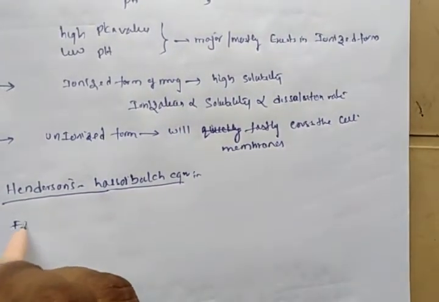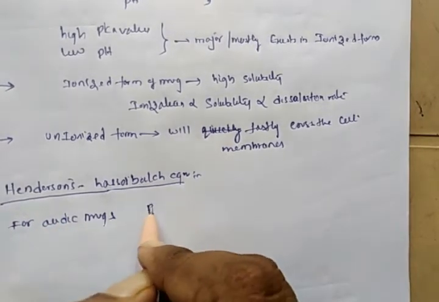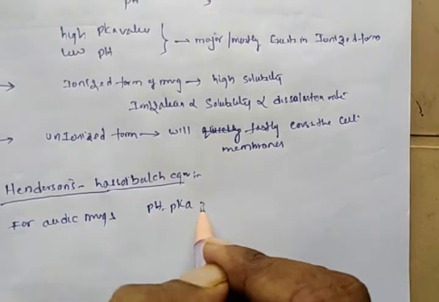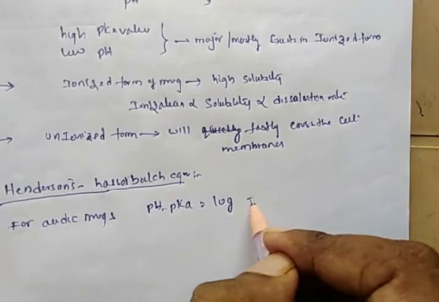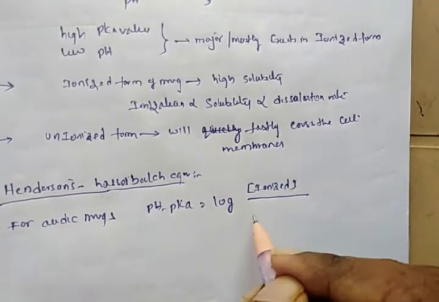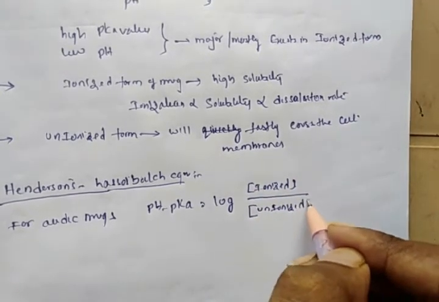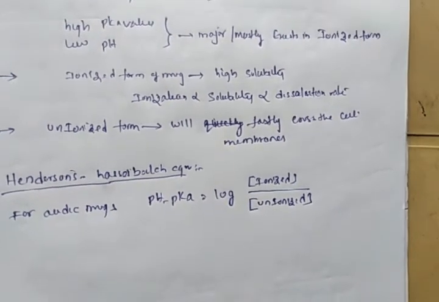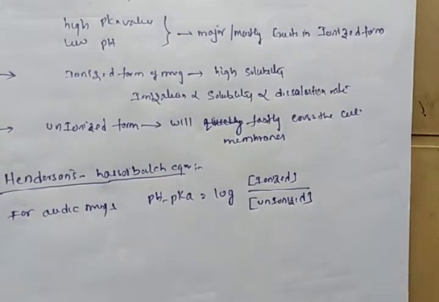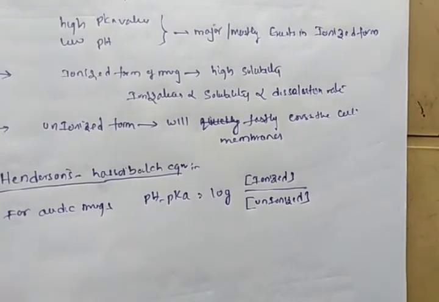For acidic drugs, pH minus pKa is equal to log of the concentration of ionized drug to the concentration of unionized drug. This equation is the relation between pH, pKa and log of ionized and unionized forms of the drug.